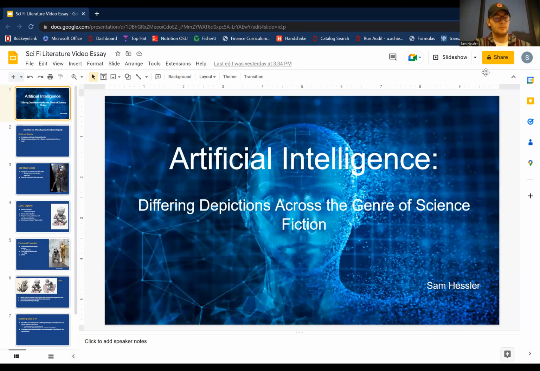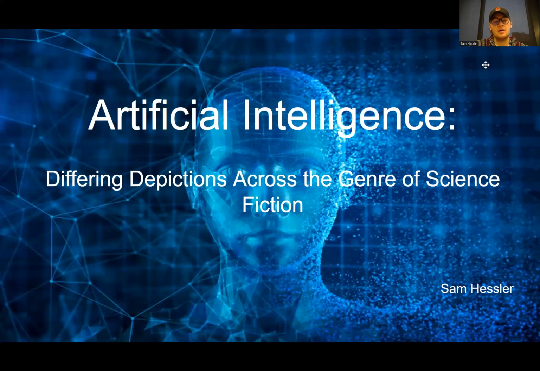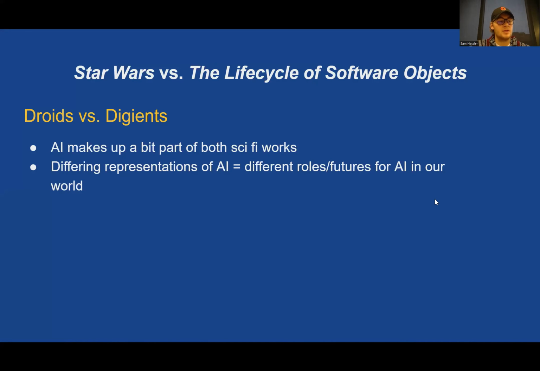All right. Artificial intelligence, differing depictions across the genre of science fiction. Many stories have been told through the genre of science fiction. Perhaps the most popular and widespread science fiction saga is that of Star Wars.